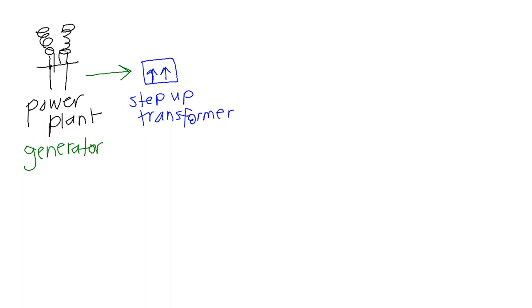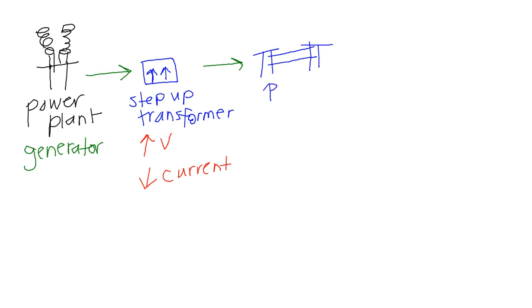And here, we're going to increase voltage and decrease current. Next, we're going to travel over power lines. A very long distance, or however long we need to travel. This is our power lines.